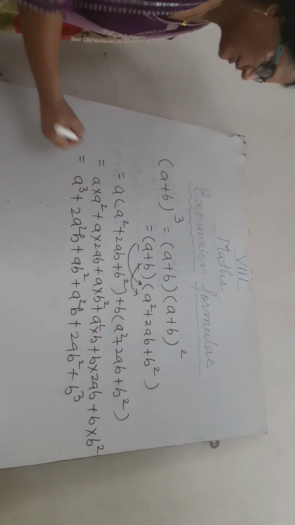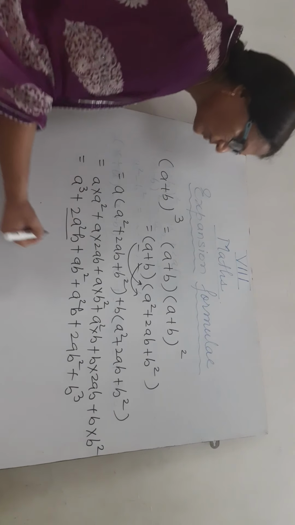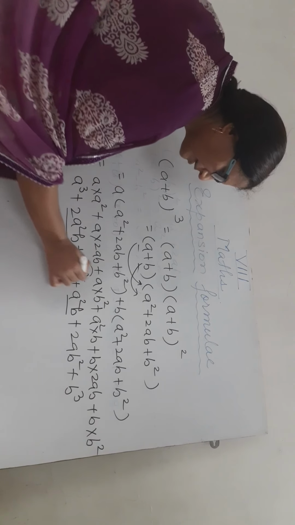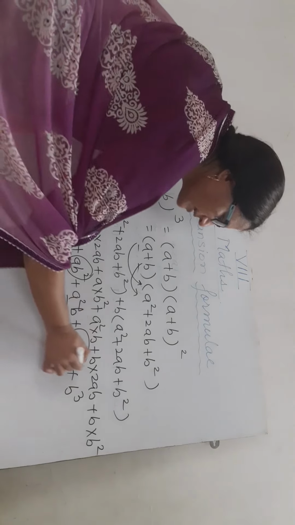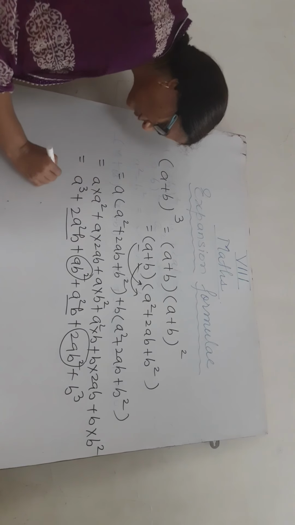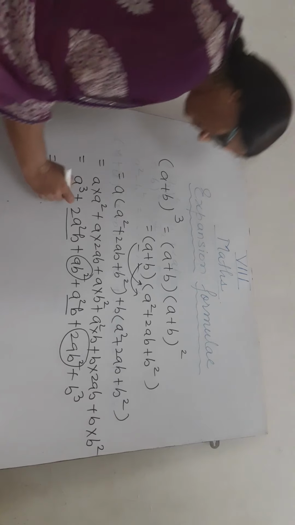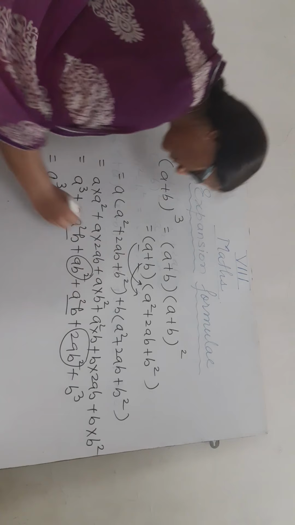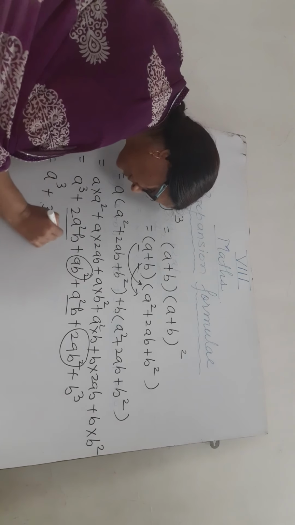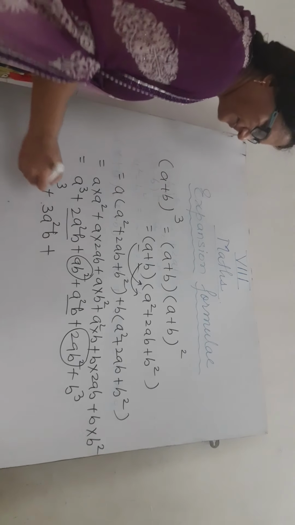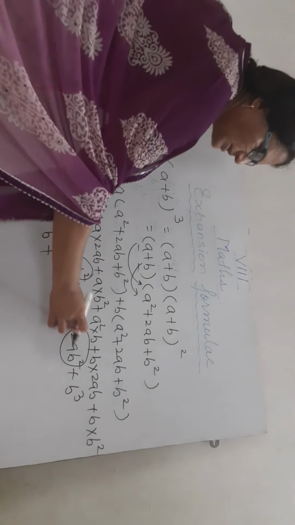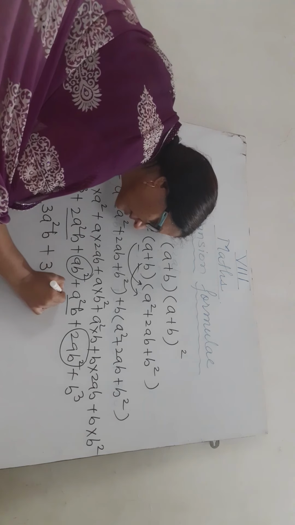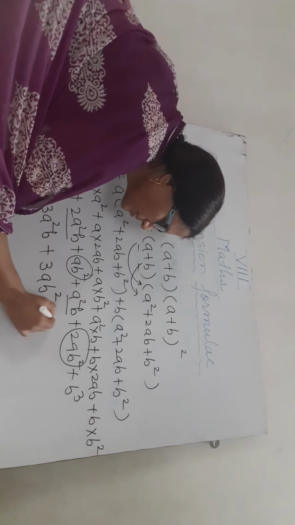Now observe like terms: 2a square b and a square b, and ab square and twice ab square. So it is a cube plus twice a square b and a square b is thrice a square b, plus ab square plus twice ab square is thrice ab square, plus b cube.